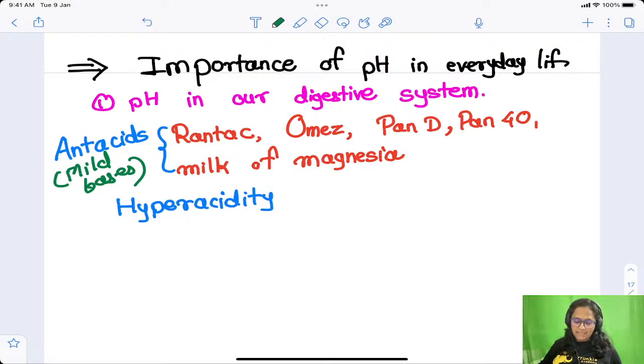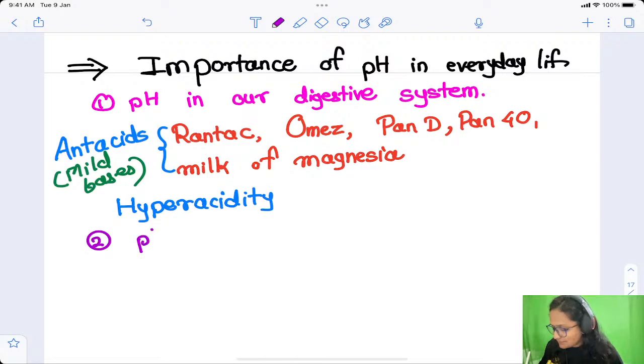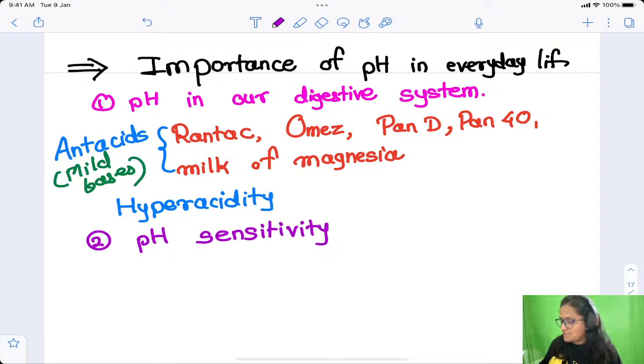Then let us see the next one, and that is the pH sensitivity. Second point I'll write down. pH sensitivity.